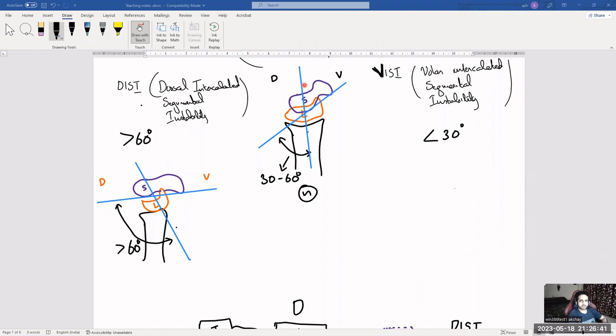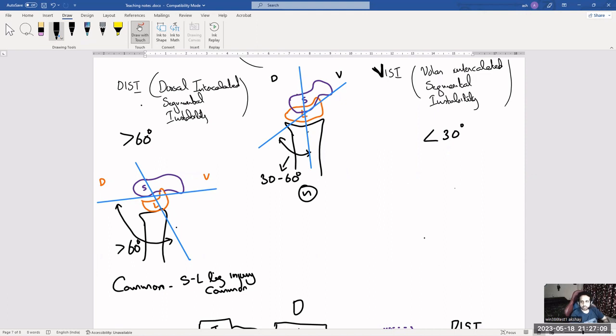As I've said, this is the most common, because scapholunate ligament injury is very common. For that reason, DISI is more common.